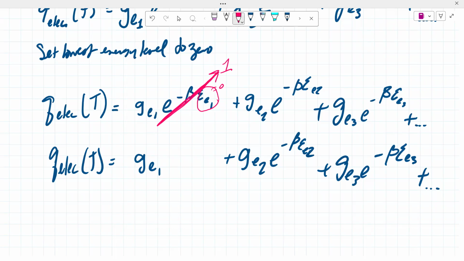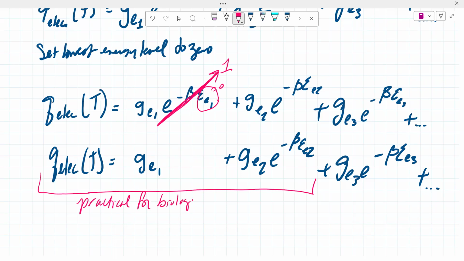Okay, so we could say that we generally are going to be working with the first couple of terms only, right? So most often we work with this, practical for biological and chemical systems. Why?